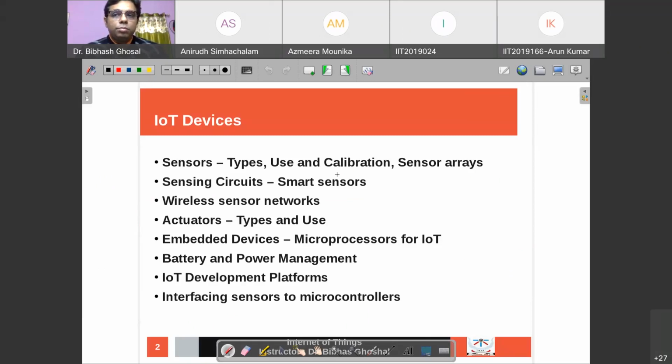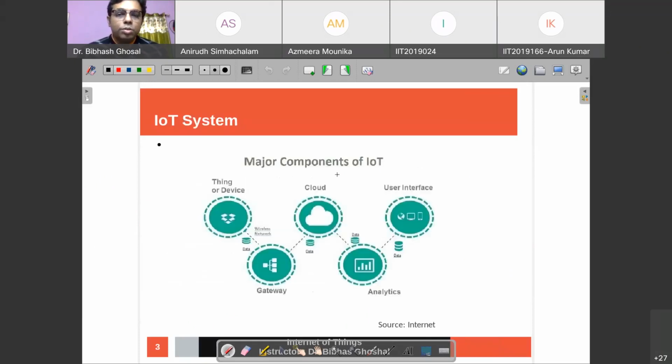So we discussed about sensors. We discussed how sensors need to be connected, or what is to be done after the sensor collects the data. In that, what we found is it's all about data transfer from one component to the other.